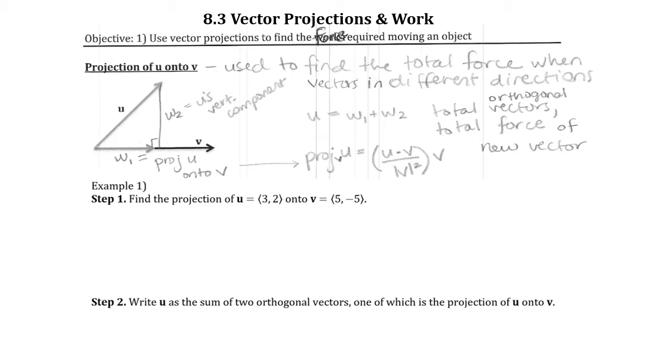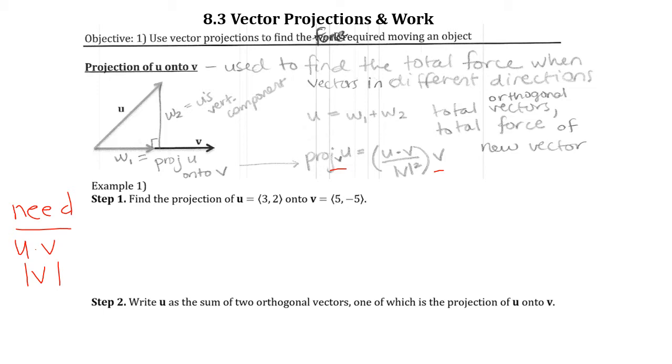So I'll go ahead and use the formula with this first example. So using the formula, what we need is the dot product, U dot V, and we need the magnitude of V. And as you can see right here, V is the one that's being projected onto, and that's also going to be multiplied by V at the end, so that you have the direction of that vector.